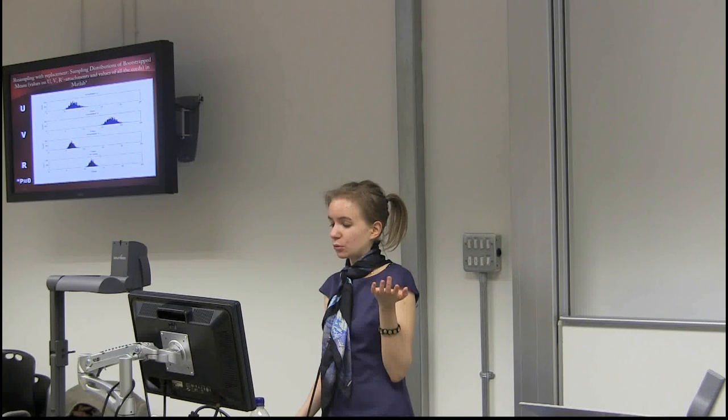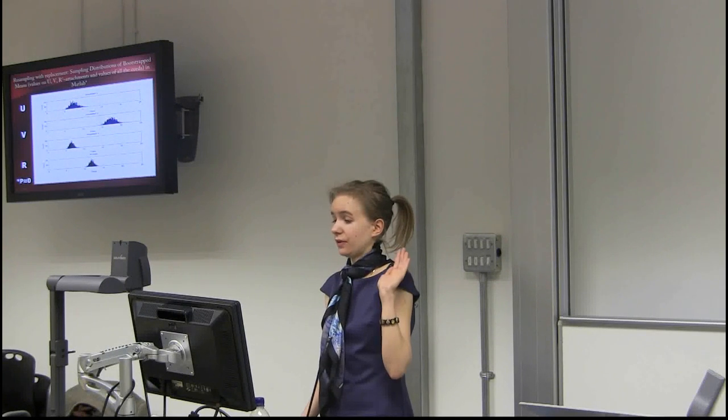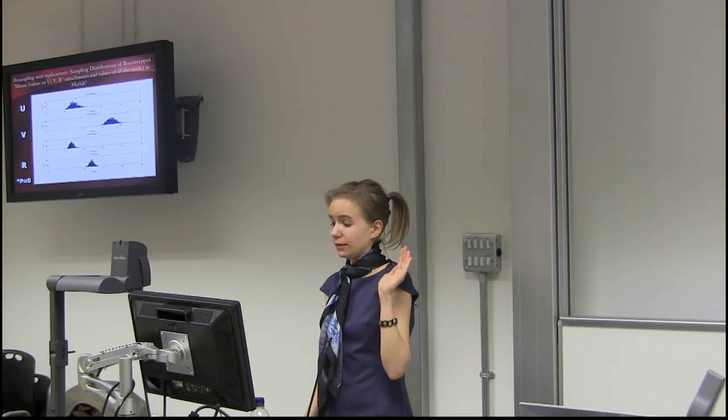It's so far away from all the other ones that, what does this mean? That means that the values of V are recurrently significantly higher than the values of either U or R. And this is the distribution of all the chords except for V. So in comparison to all these U and R chords, V clearly stands out.